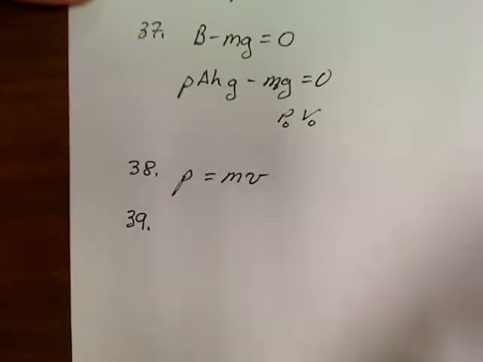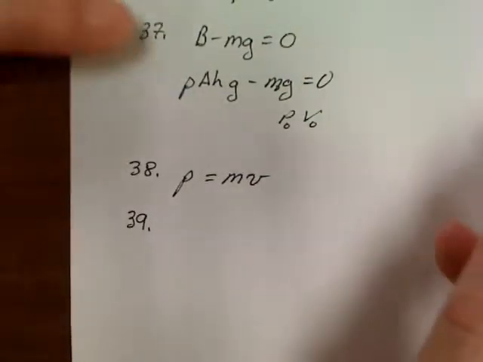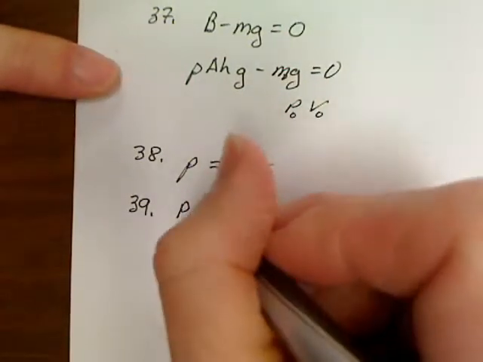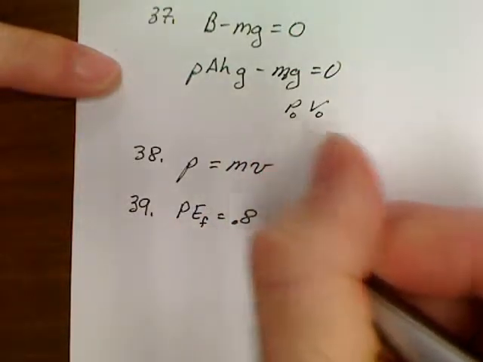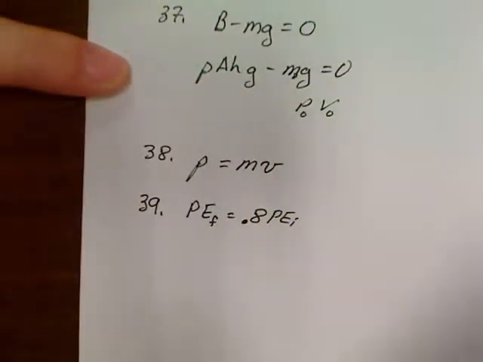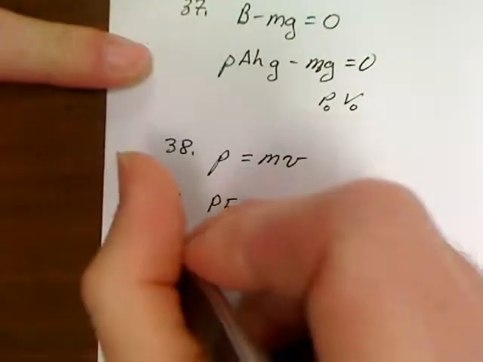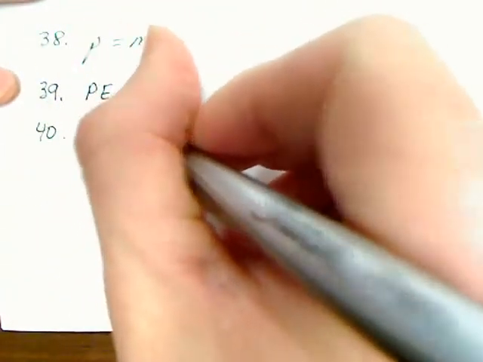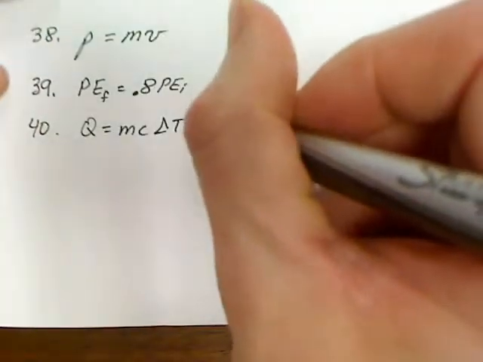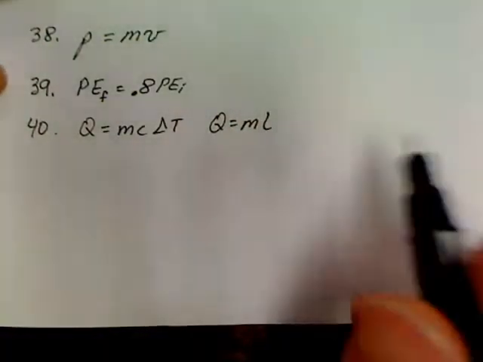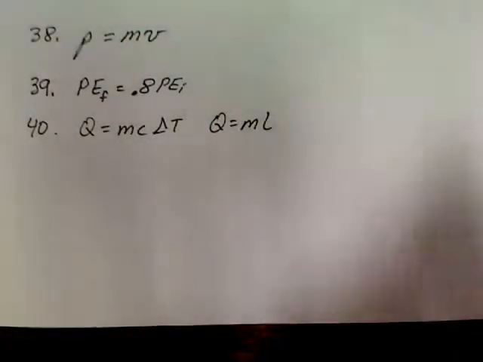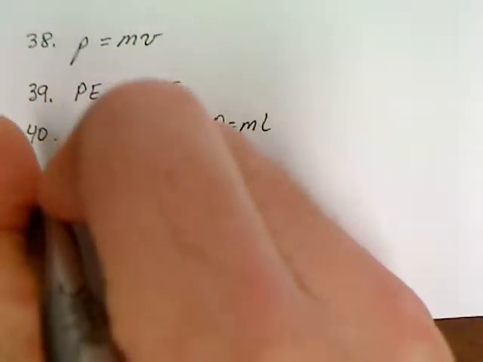39. If something falls, it loses 20% of its energy. That means whatever potential energy it has, final, is equal to 80% of its initial potential energy. 40. 2 equations for Q. Q is equal to mc delta T, or Q is equal to mL. Some of y'all wrote Q equals Vc for this. That's talking about charge. We were referring to heat. 41.